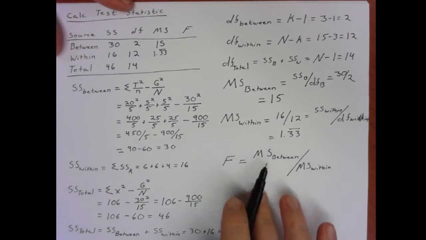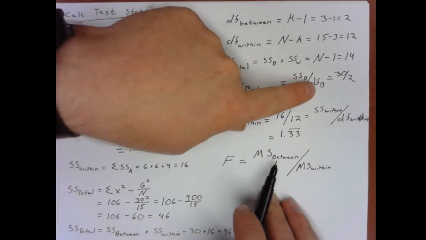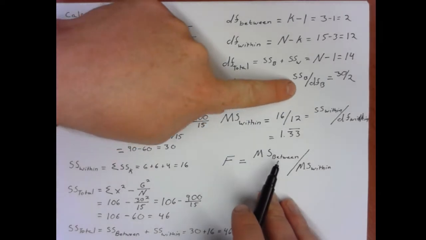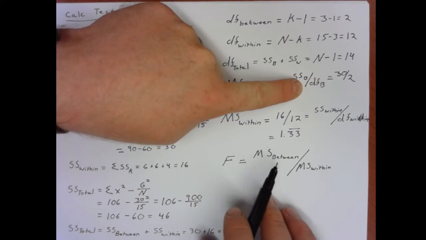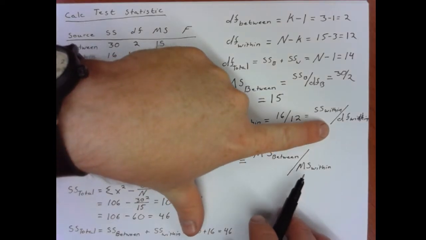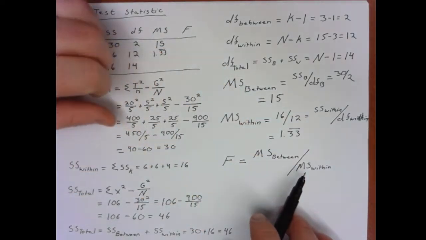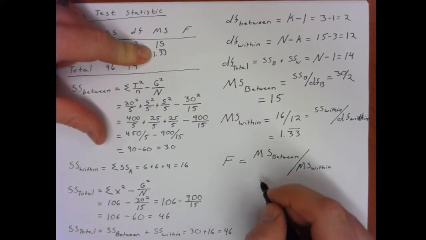Now recognize that the DF within ultimately goes into the MS between, which is why the DF between, when we looked up our critical value once upon a time, was the DF between for the numerator and then conversely for within, it's the denominator. So again, we're really just dividing these two numbers right here.